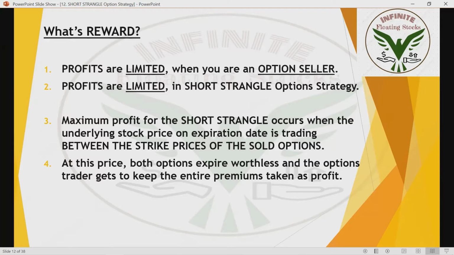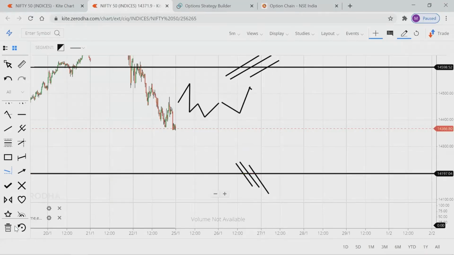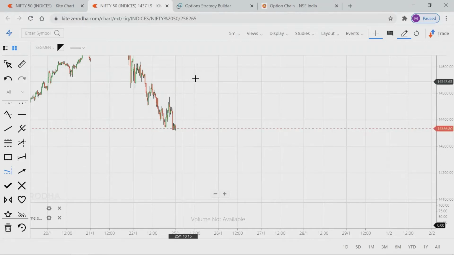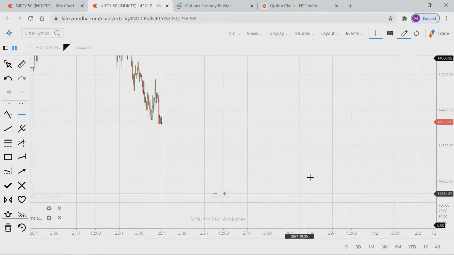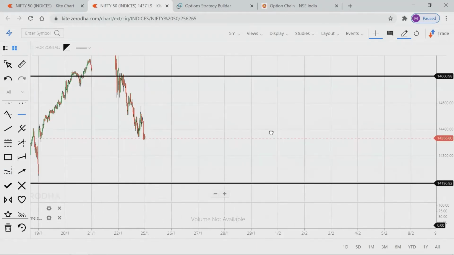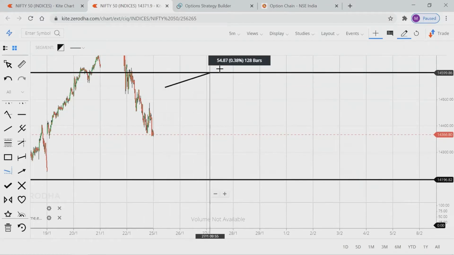strategy. And let me get onto the chart. Look at this thing. 14,600, 14,200. This is our range, right? Okay. So imagine that market moved wild.